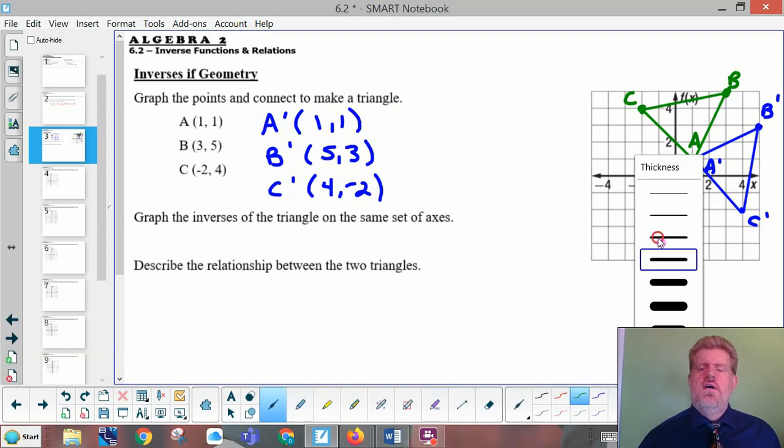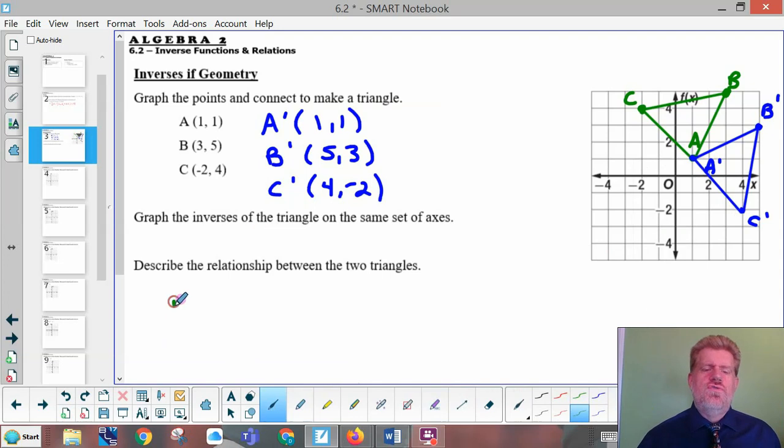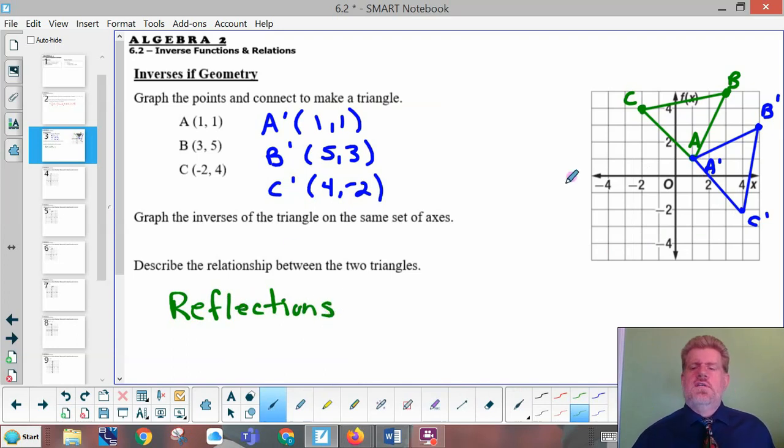You may not, but I will remind you. Those are reflections. Now, what does it reflect across? It's not the y-axis or the x-axis, but it looks like this line. Could it be?